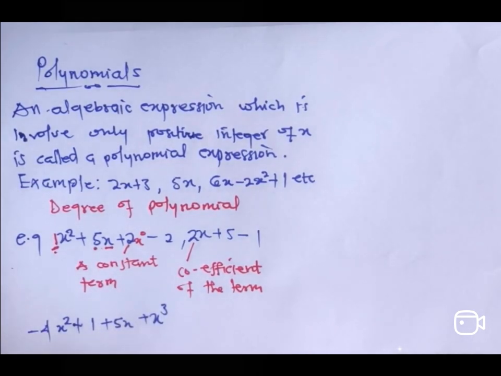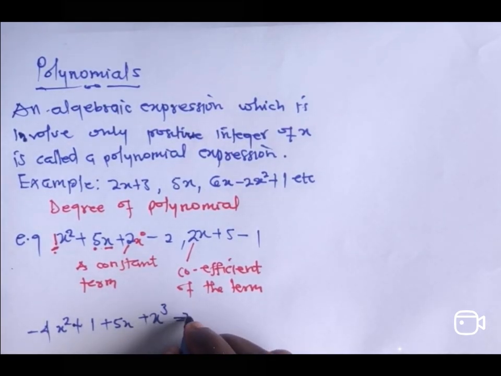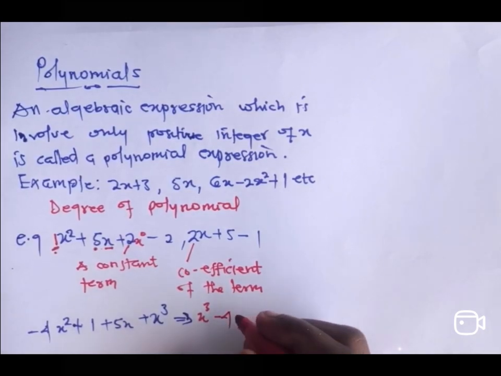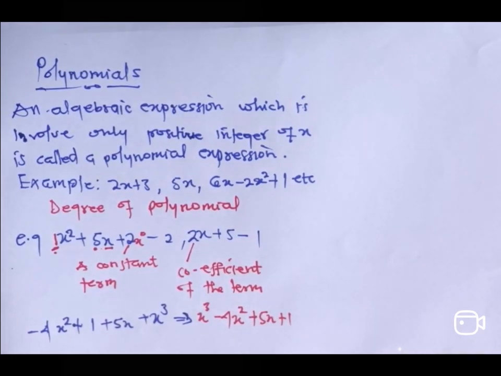If I'm to write this as a polynomial, it has to be in the form x cubed plus 4x squared plus 5x plus 1. If you look at their powers, it's moving in what? Descending order. It's reducing. All right.